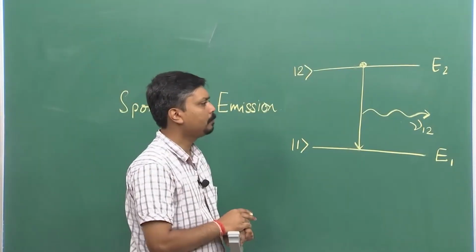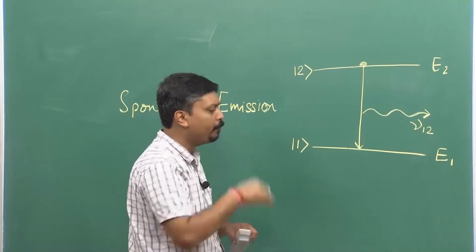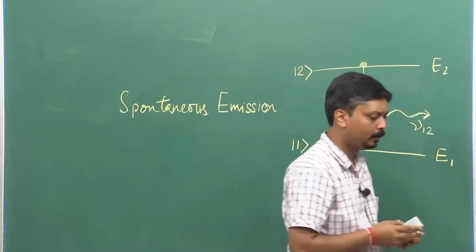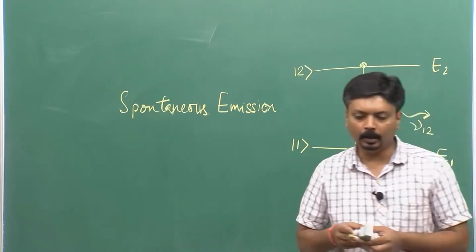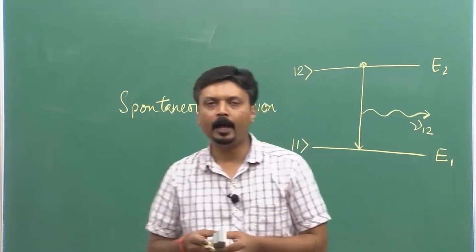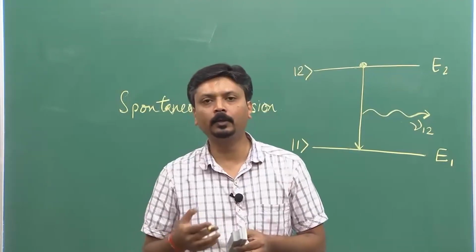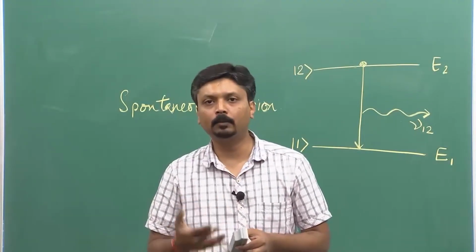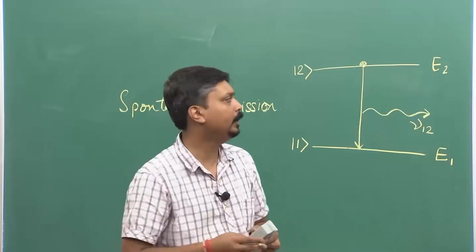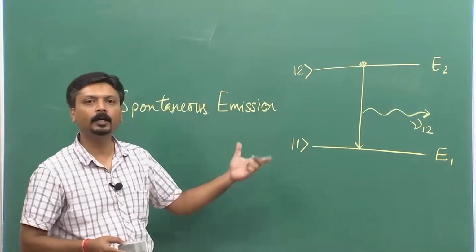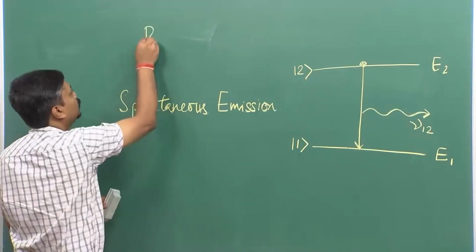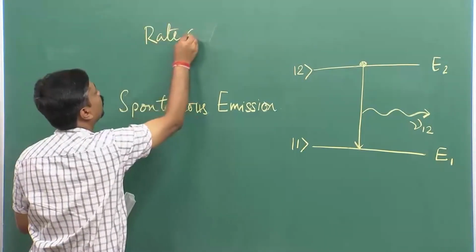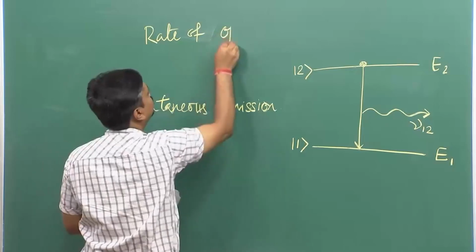Now if we want to understand these transitions in a detailed way, and for that matter if we want to really understand how laser works, we need to understand these processes in terms of their rate. So we need to know the rates of this optical transition.